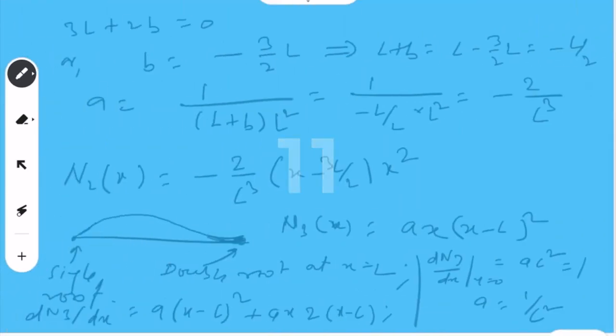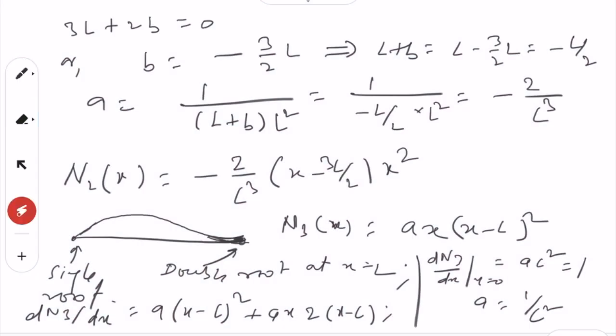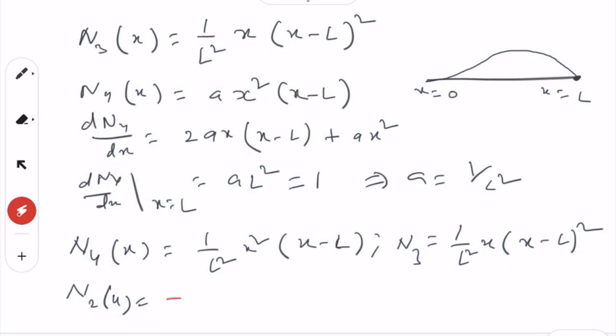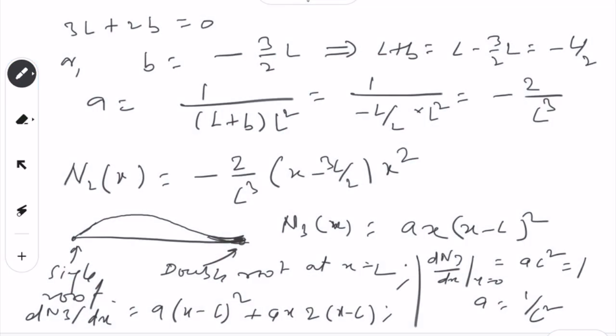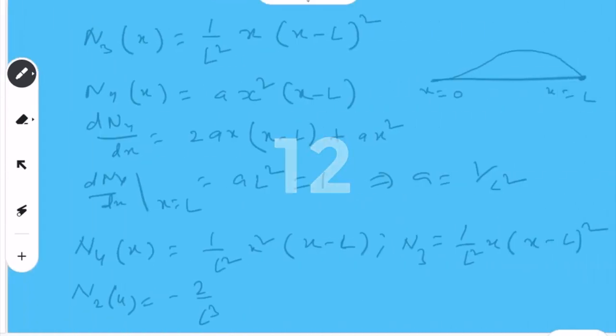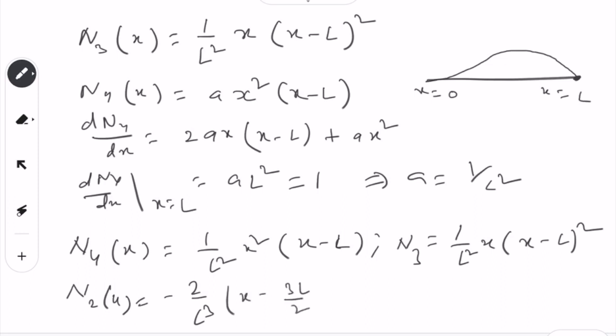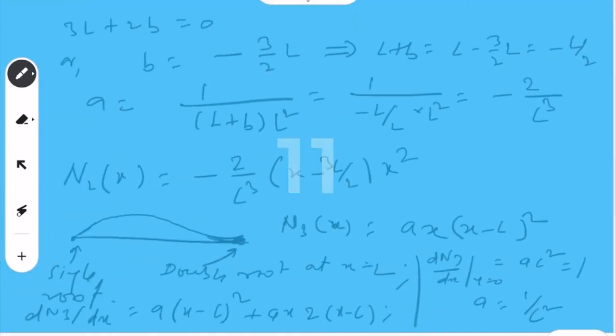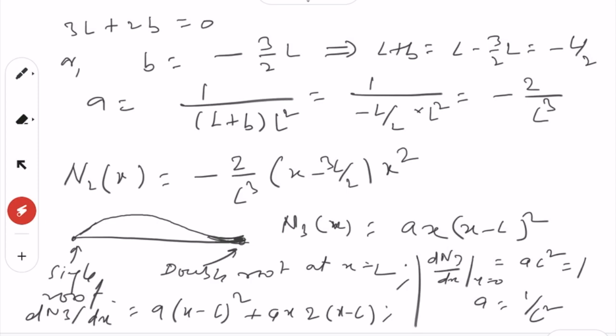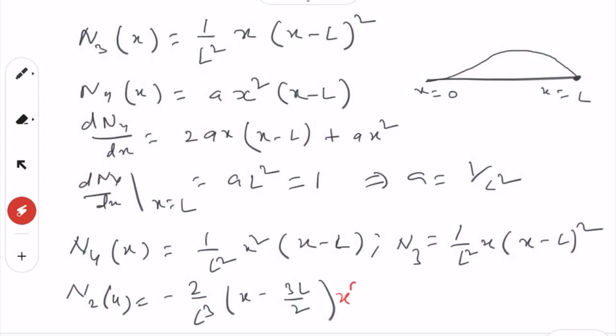N2 we got here, so minus 2 over L cube, then x minus 3L over 2, and then x square.